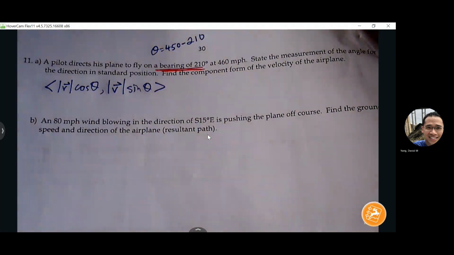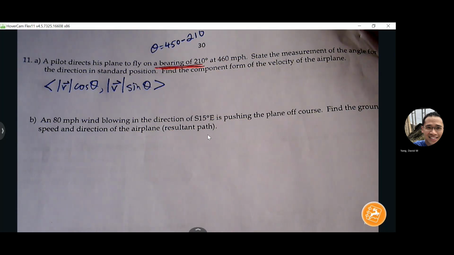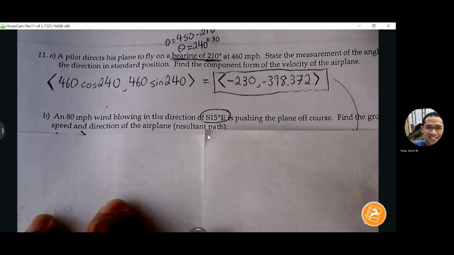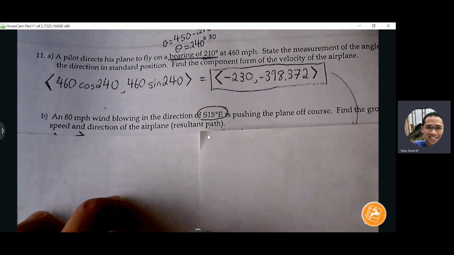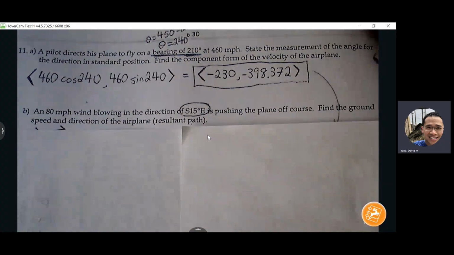And then your theta is 240. Part B, we're going to carry that information down and use that for part B.